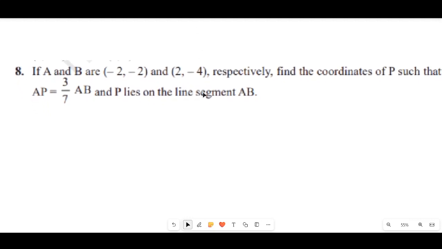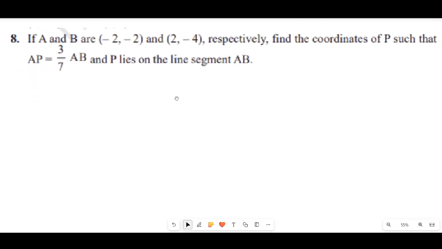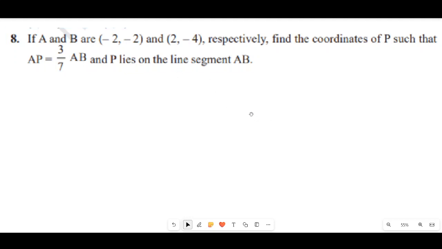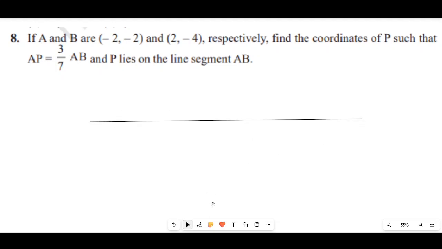Now move on to question number 8. Now if A and B are (-2, 2) and (4, 2) respectively, find the coordinates of P such that AP is 3/7 of AB and P lies on the line segment AB. Don't worry, first we should draw a line. This is a line. Now we should define points.